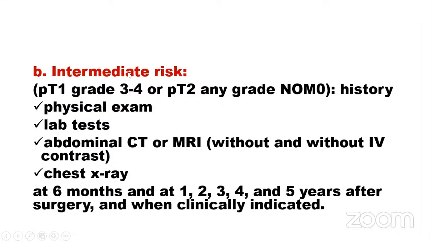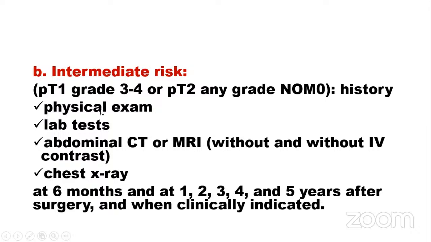And then we'll come to intermediate risk. That's pT1 grade 3 to 4, grade 3 or grade 4 tumors, or pT2 any grade, no lymph nodes, no metastases. We will consider doing history, examination, lab test, and abdominal CT or MRI with or without IV contrast and chest X-ray.